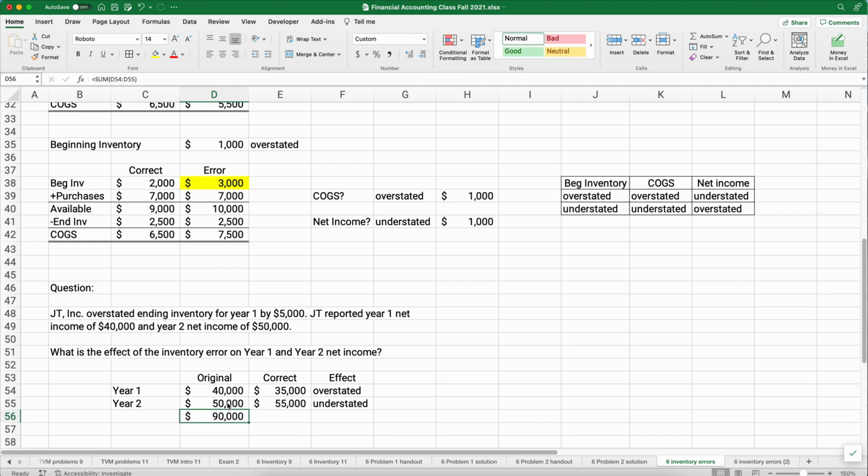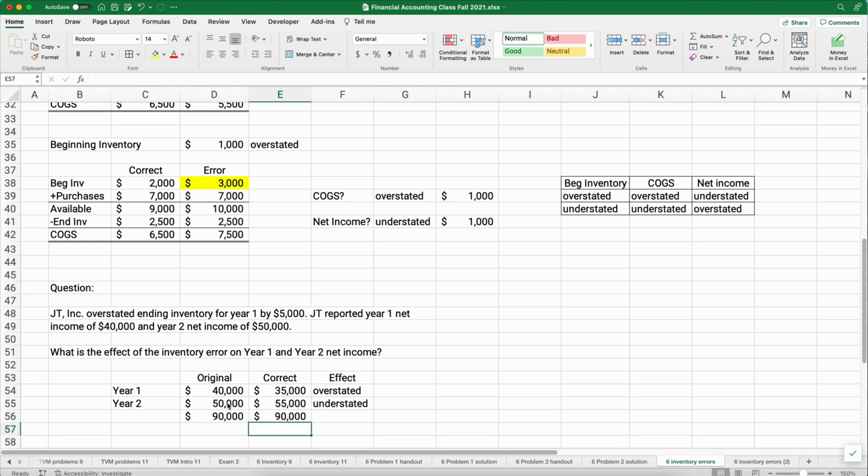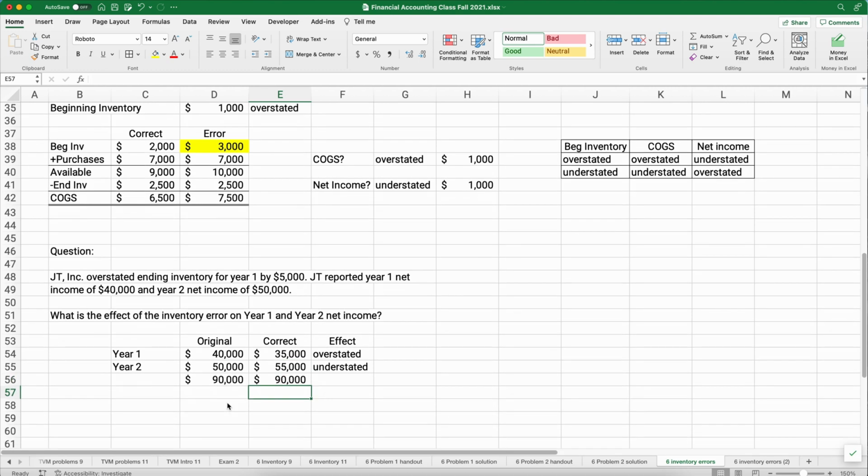So let's think about what we know here, the total income. The total net income originally reported is 90,000, and the total, if we correct it, is 90,000. So what happens is inventory can self-correct, or the error washes out.